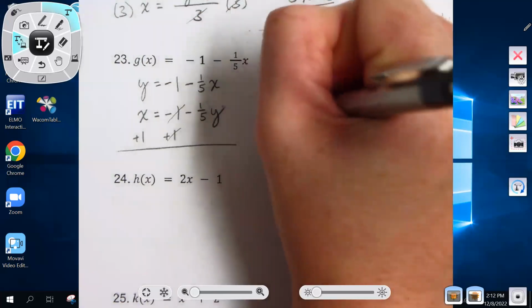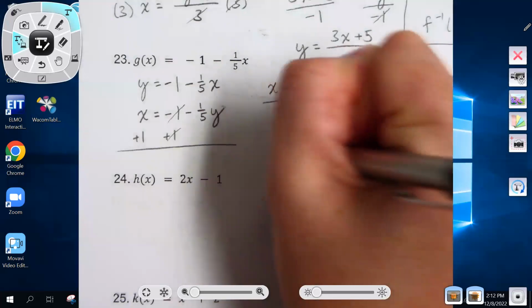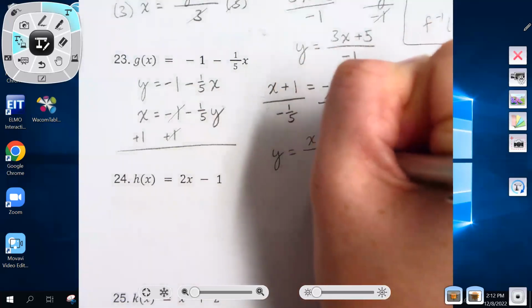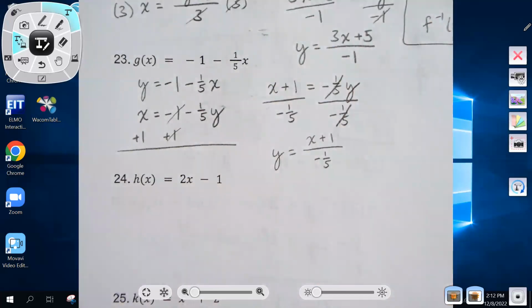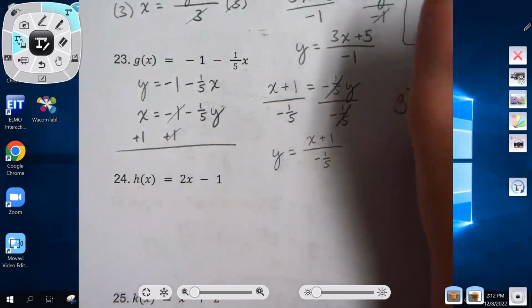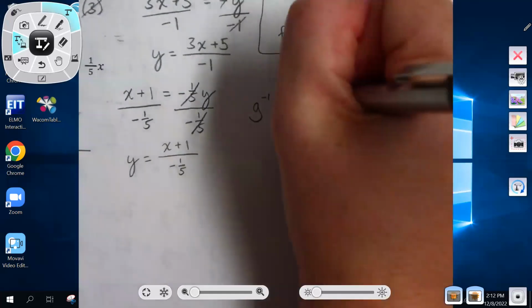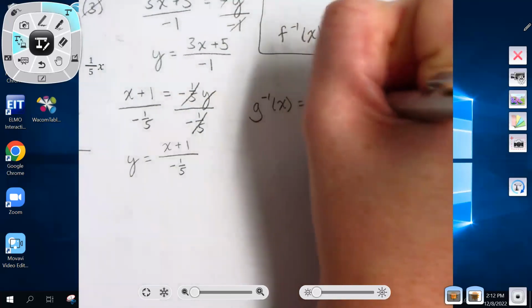So that gets me y equals x plus 1 over negative 1/5. So again, there are some different ways that you could write this. You need to have g inverse of x. We started with g of x, so this is g inverse of x. And you could have left it as that fraction, x plus 1 over negative 1/5.